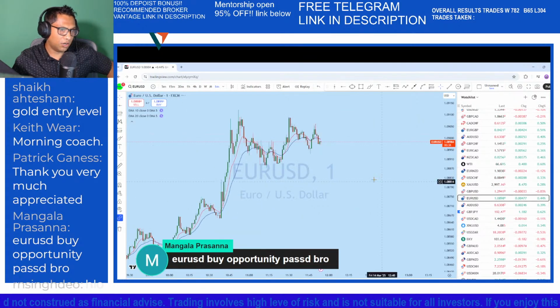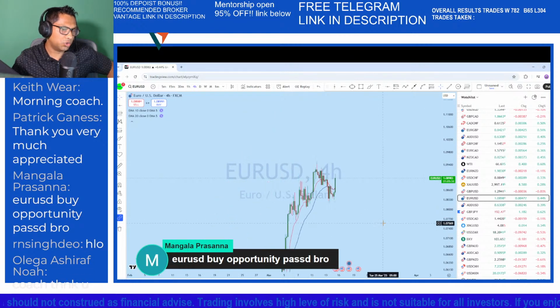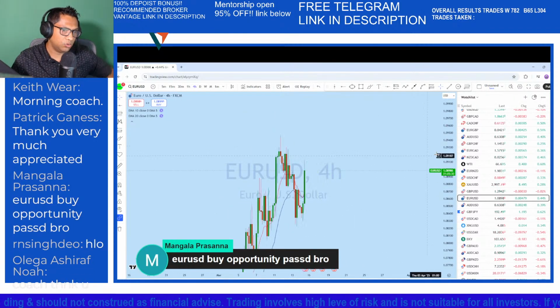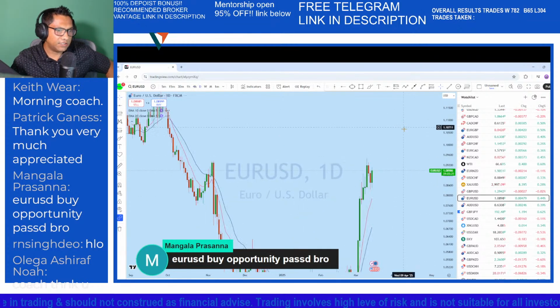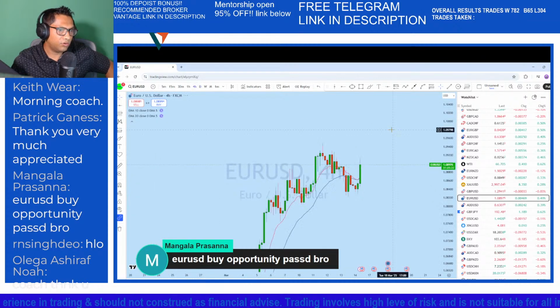Other than that, on euro dollar we have seen there is a bullish breakout. Here is the lower time frame price action on the 4-hour time frame.